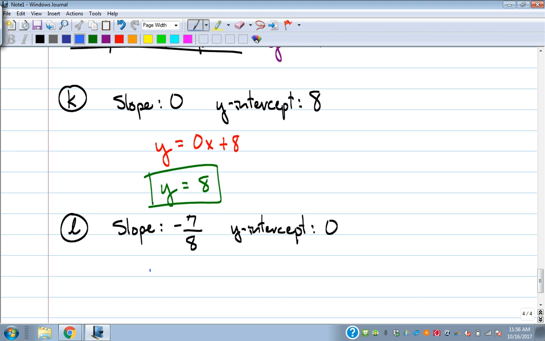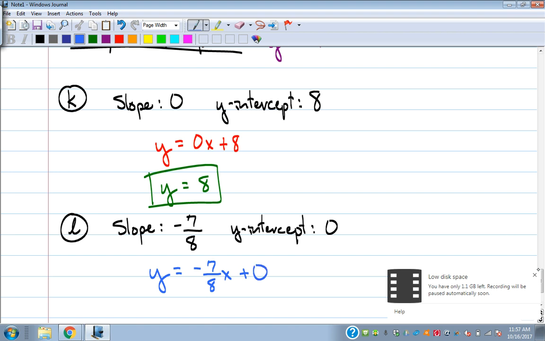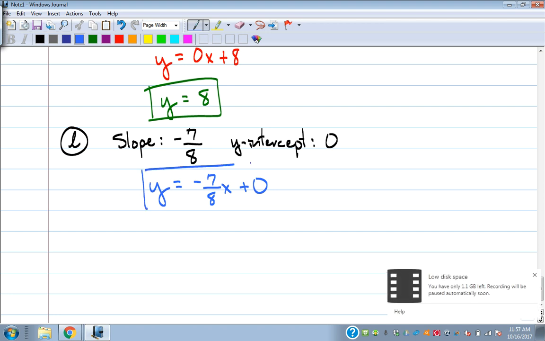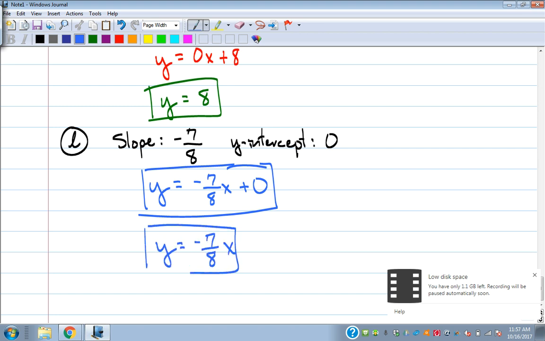So it'd be y equals -7/8 x plus 0. But adding 0 to something, does it change it? No. I would accept this as an answer. That's correct. But you could write it a little bit simpler by just saying y equals -7/8 x.